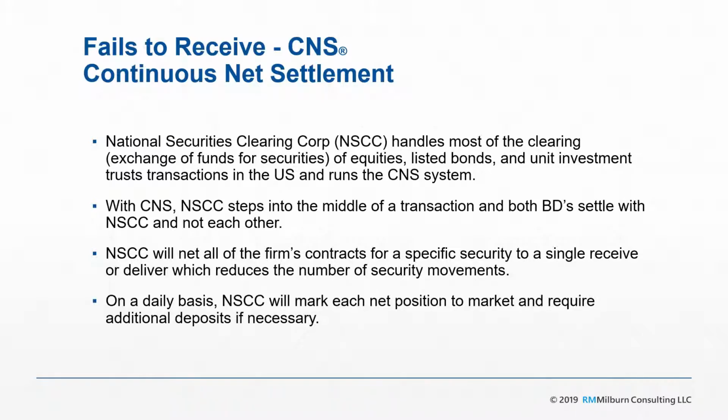So your firm has only either one delivery to make or one payment to make. And that's going to go directly to NSCC and not to the 10 different other broker dealers you dealt with. Now, another thing for CNS is that on a daily basis, NSCC will mark each net position to market and require additional deposits if that's necessary.